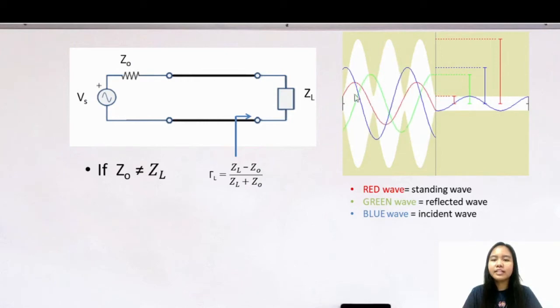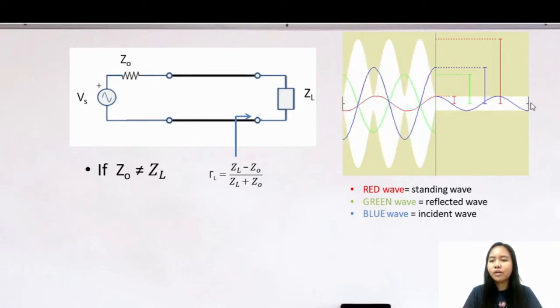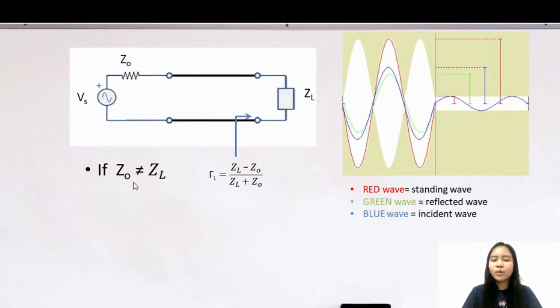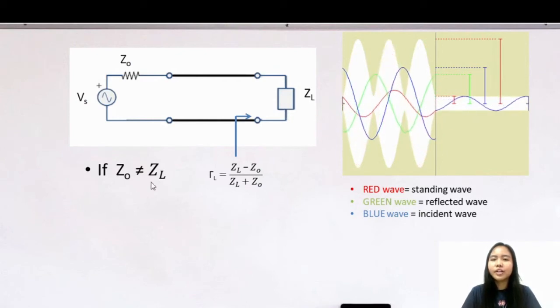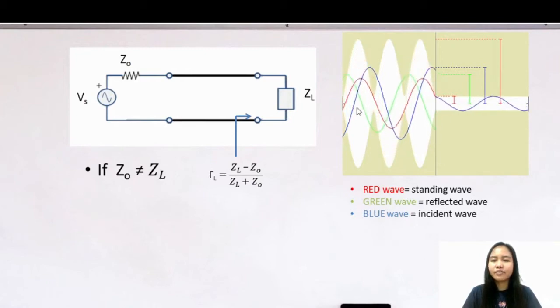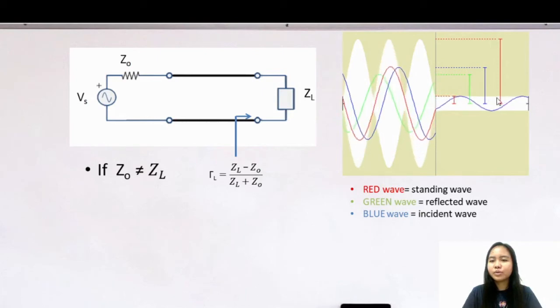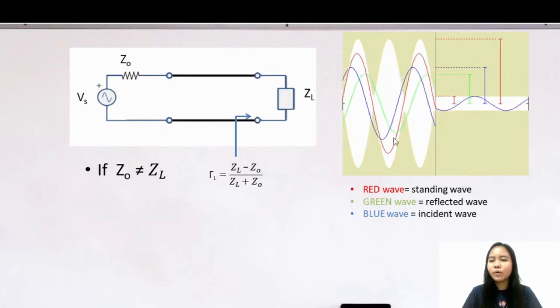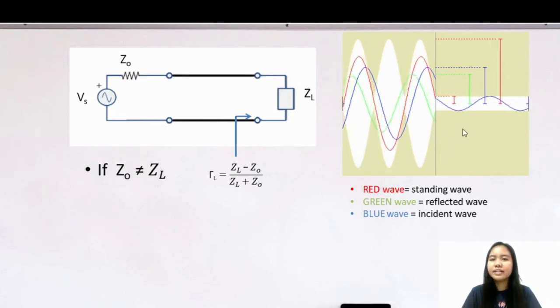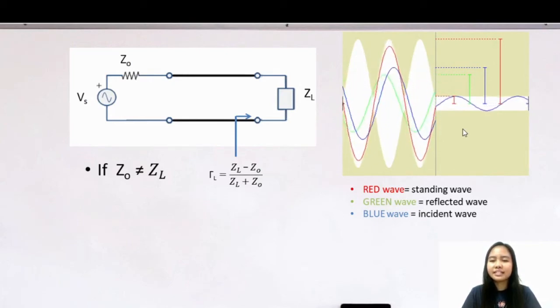In addition, this blue wave is the incident wave distributed to our load. Since ZO is not equal to ZL, there will always be a reflected wave, represented by this green wave. As we can see, if we compare the amplitude of this incident wave, it has a power loss and its amplitude has decreased.